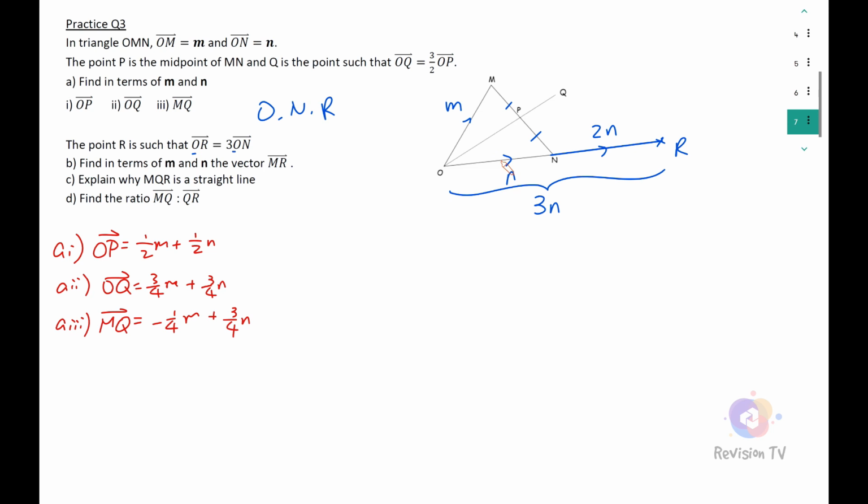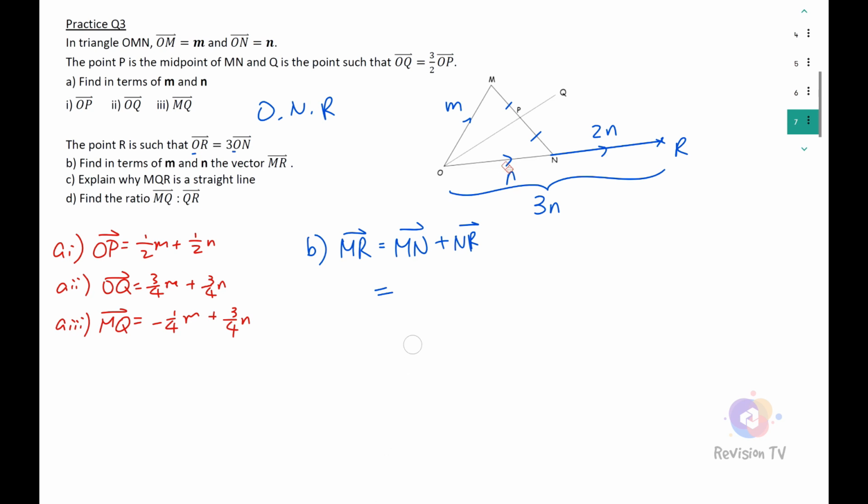Okay. Part B. Find in terms of M and N the vector of MR. So MR, we can go from M to N and then N to R. Or you can go M to O, O to R, same thing. So M to N, do we know MN? We don't.